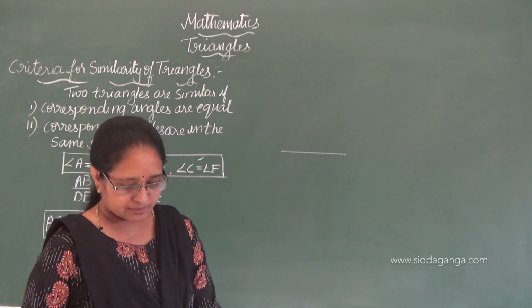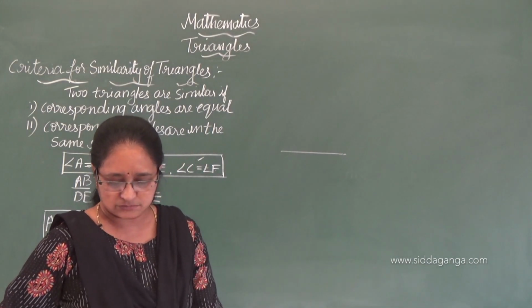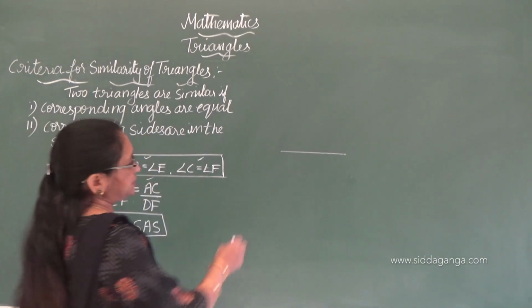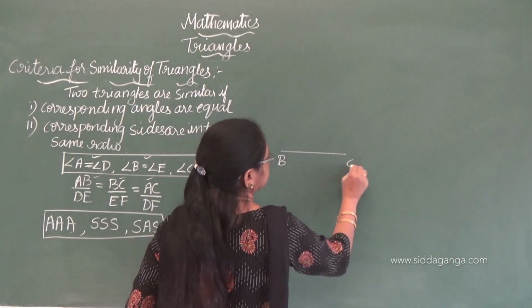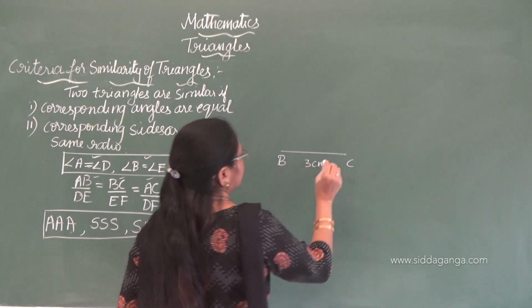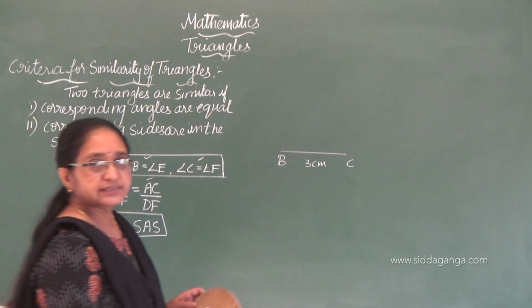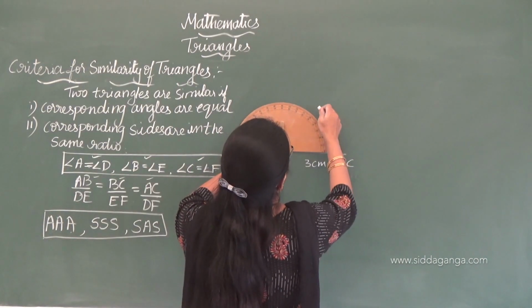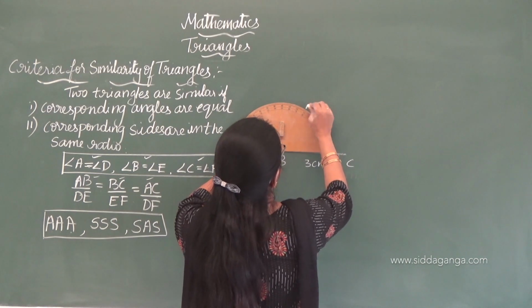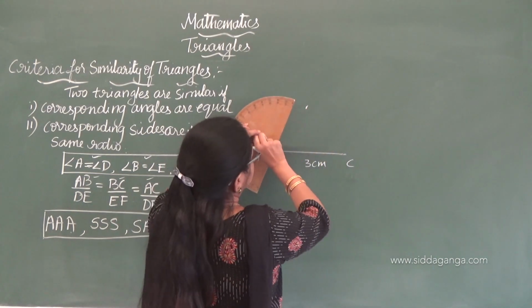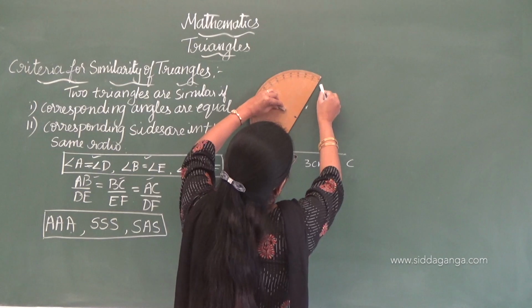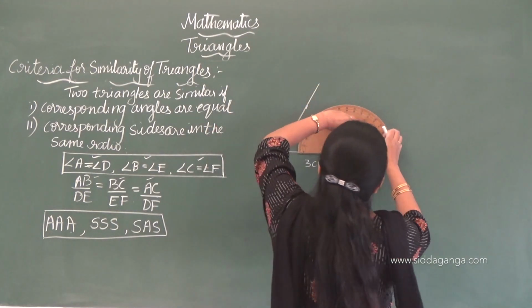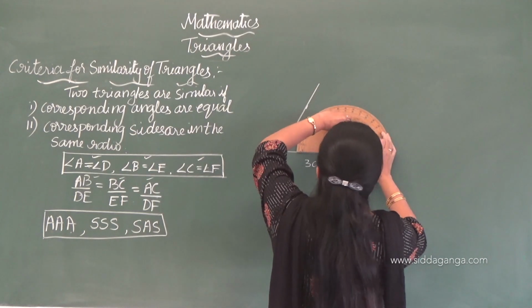Okay. Then BC, I will take BC as 3 centimeter, and angle B I will take 60 degree, and angle C I will take 40 degree.